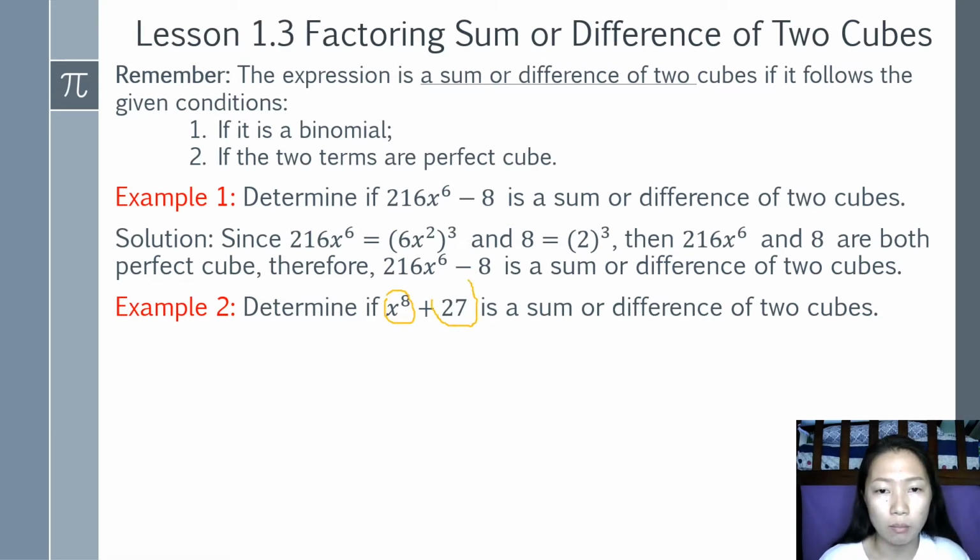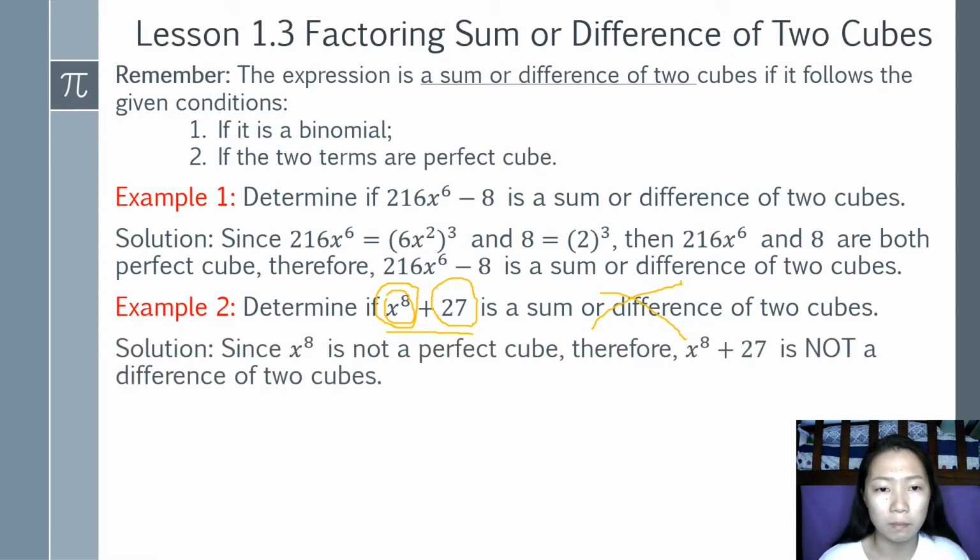Kahit na perfect cube pa si 27 at kahit na binomial pa yan, kung ang isang term ay hindi nagsatisfy, ibig sabihin, hindi na siya example ng sum or difference of two cubes. Let's see the solution. Since x raised to 8 is not a perfect cube, therefore, x raised to 8 plus 27 is not a sum or difference of two cubes.